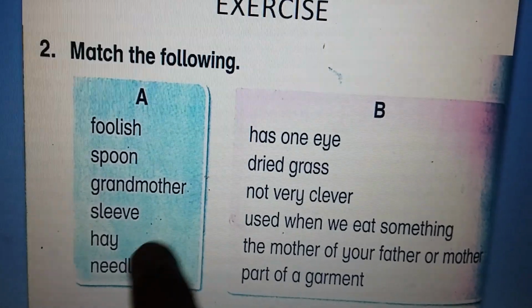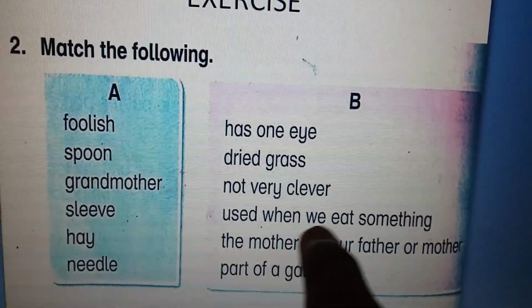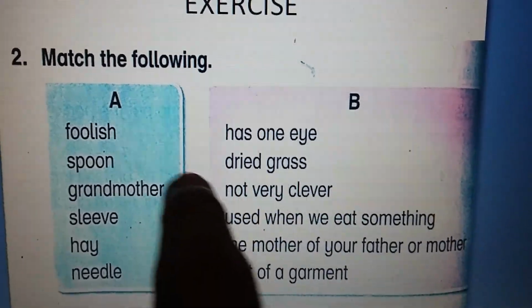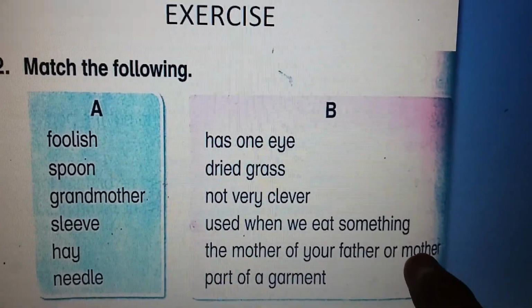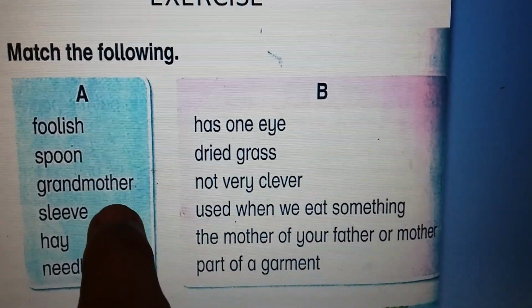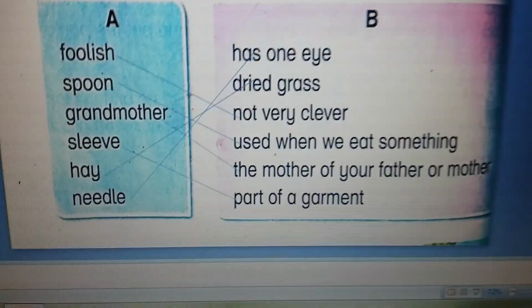Dried grass, hay. Not very clever, foolish. Used when we eat something, spoon. The mother of your father or mother is grandmother, and part of the garment is sleeve. Now match these like this.